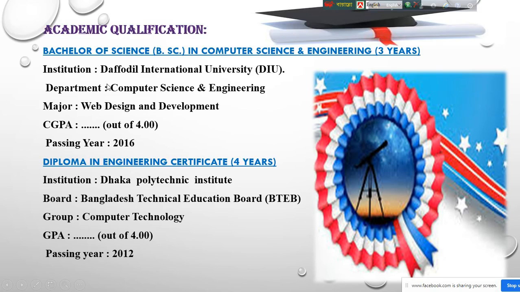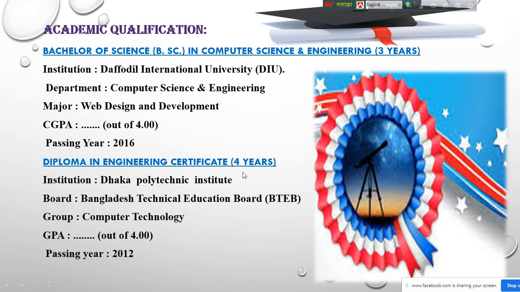And then the institution, Daffodil International University, DIU, Department of Computer Science and Engineering, major, web design and development, and CGPA out of 4. And you have to mention here what score you have achieved in this examination, and passing year 2016. Okay. And then diploma in engineering certificate, you see.